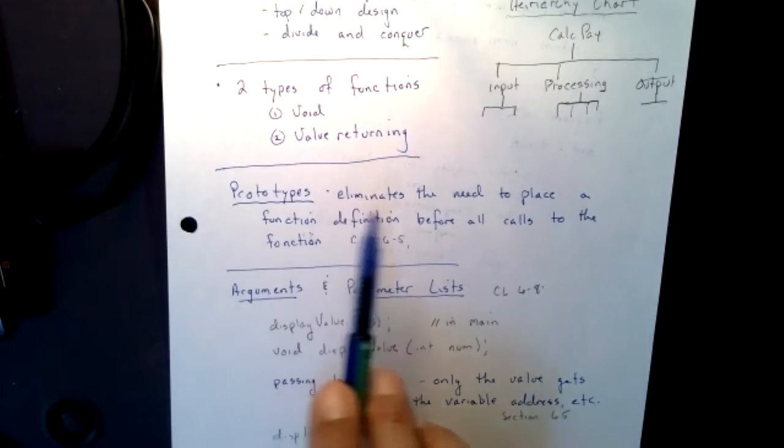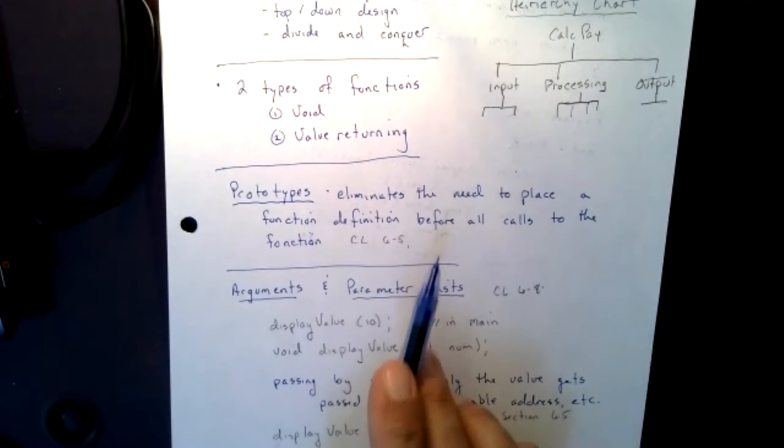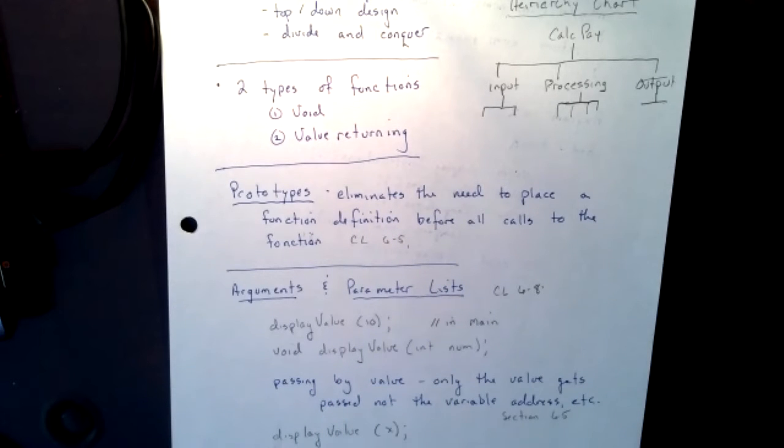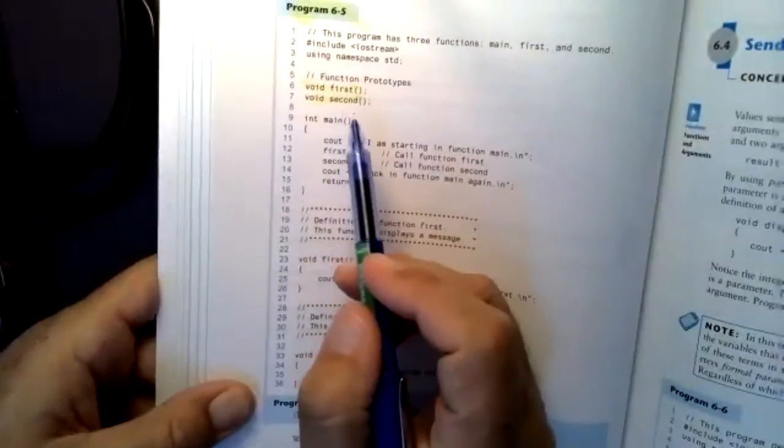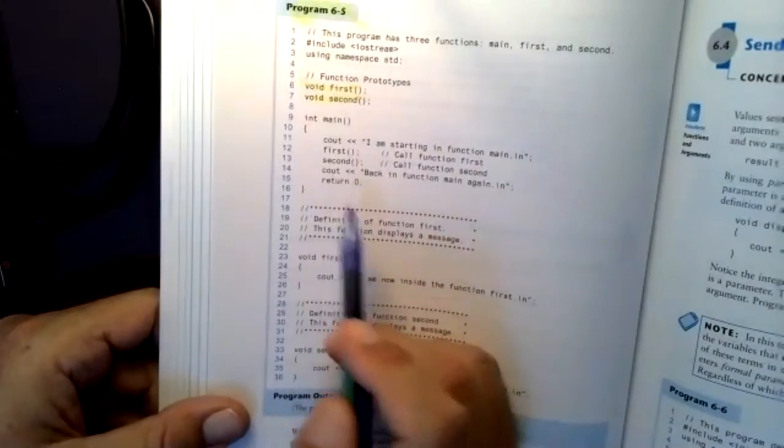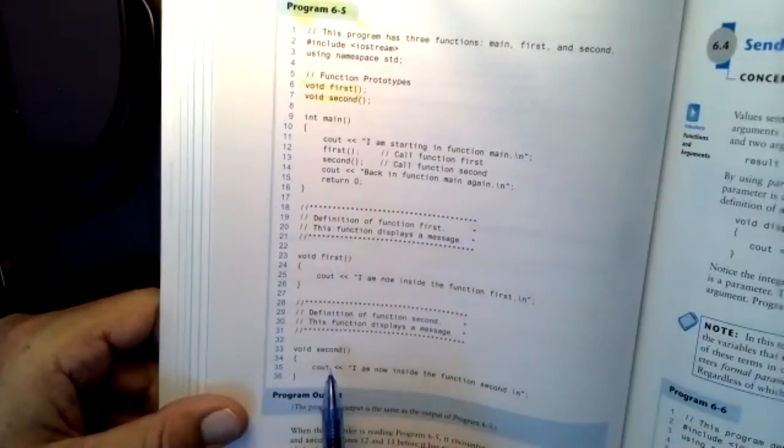So when you were working in the book, one of the things you did was code listing 6.5. And in code listing 6.5, I don't know if you can remember, you don't have to pull it up, but just remembering off the top of your head, we had a prototype called first and a prototype called second. We had our main, we call first, we call second.